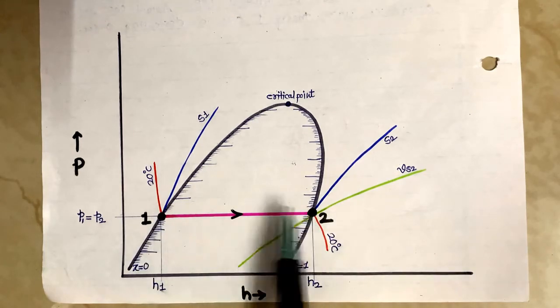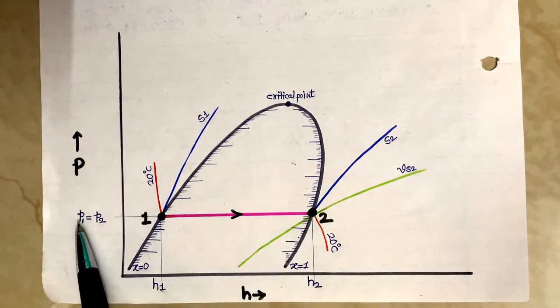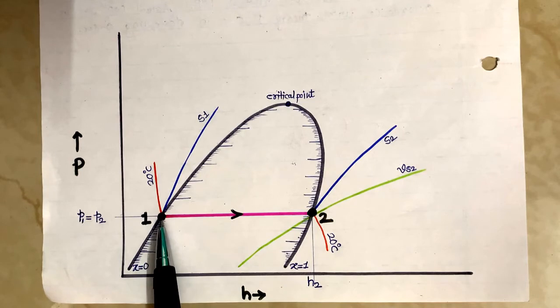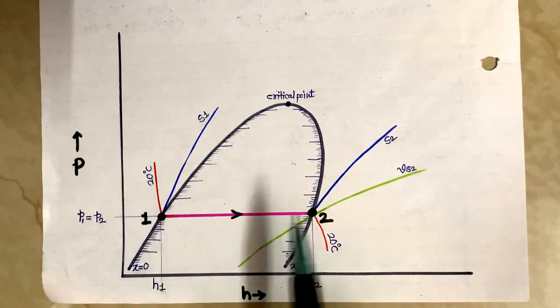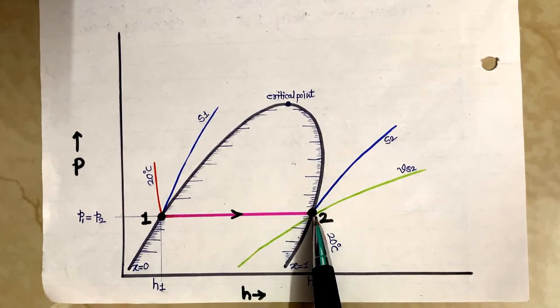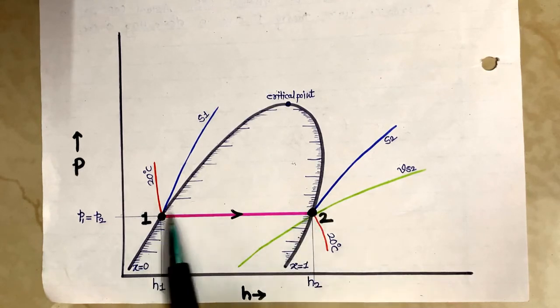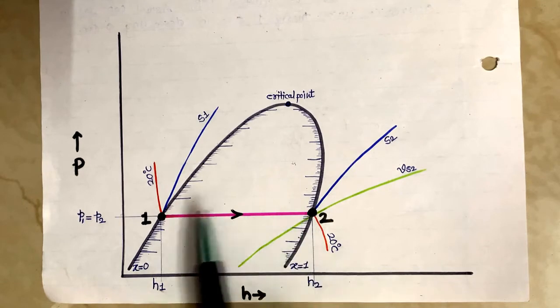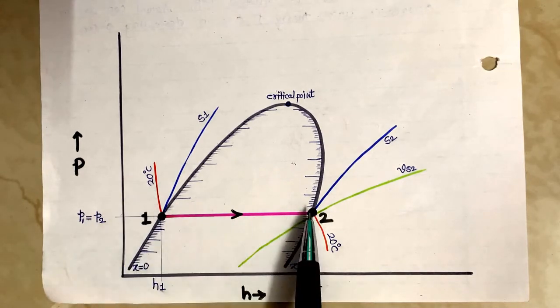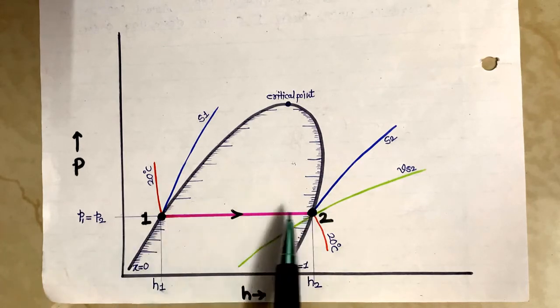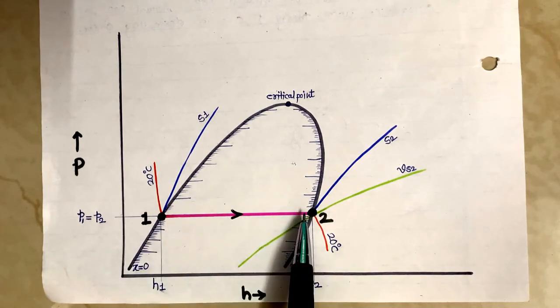As the 1 to 2 process is a constant pressure process, the temperature at the start of this process at point 1 and at the final stage at point 2 remains the same. As pressure is constant, the temperature is also constant, with the simple gas law PV equals mRT.